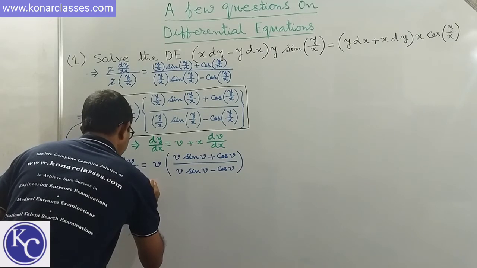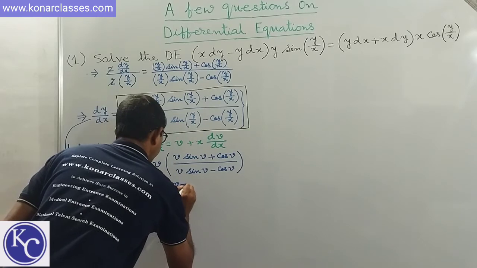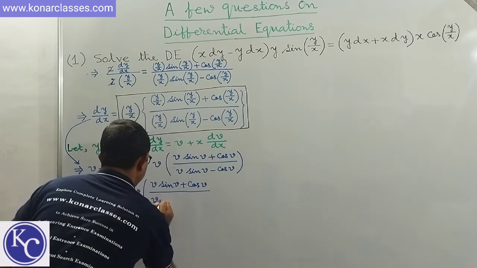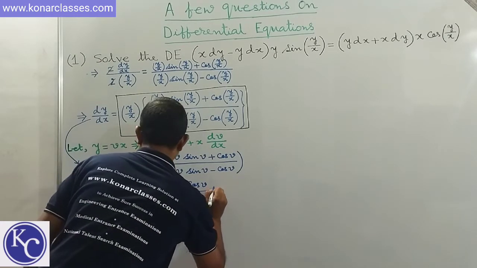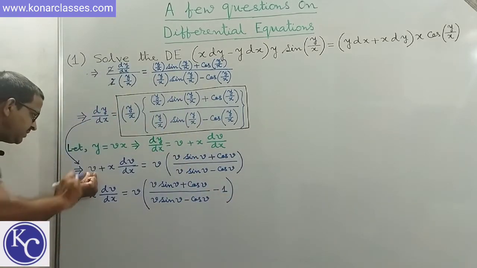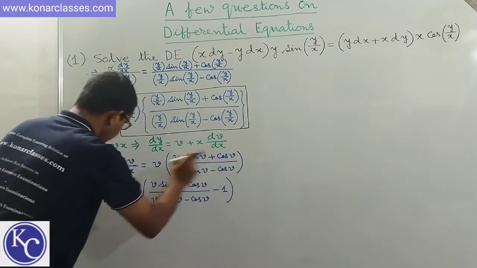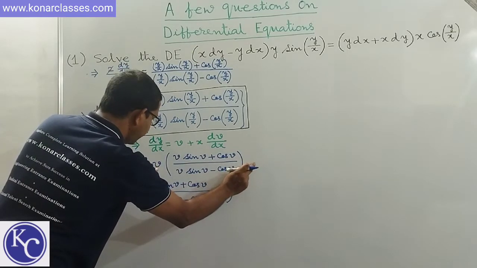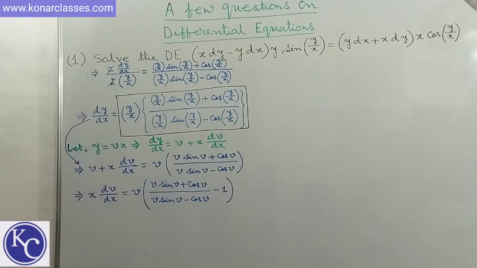So what we are going to get is v into v sin v plus cos v divided by v sin v minus cos v, minus 1. I hope you got it. This v, we took it to the right hand side, and after that it becomes minus v. After that, from that minus v and this expression, we took v common. Then you get this, correct?